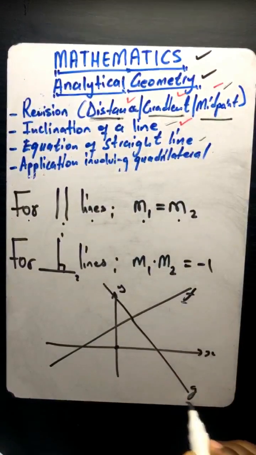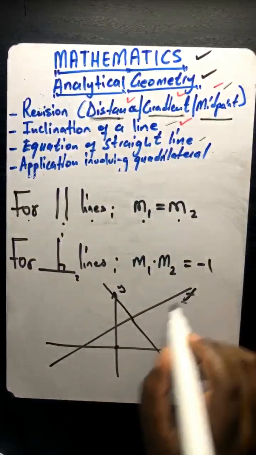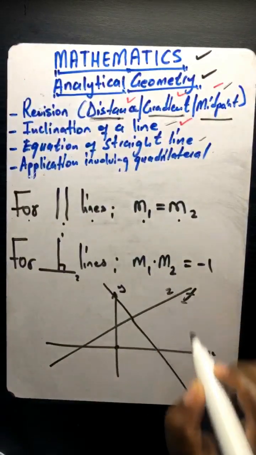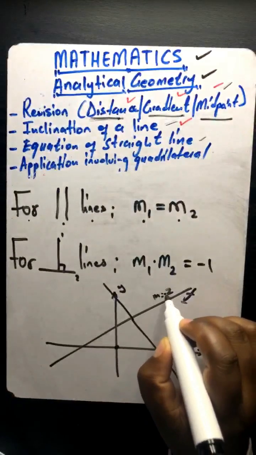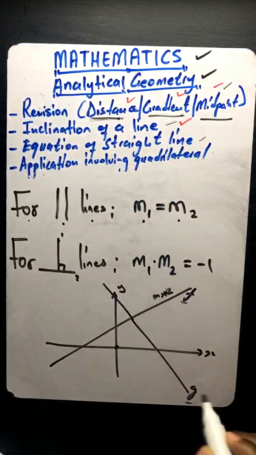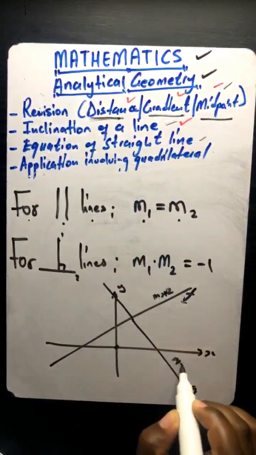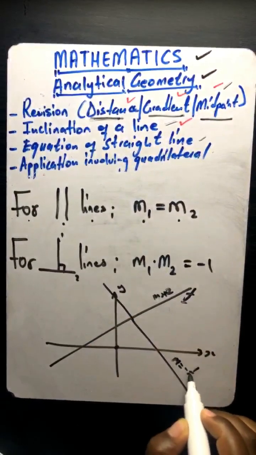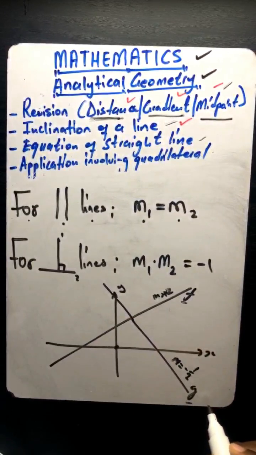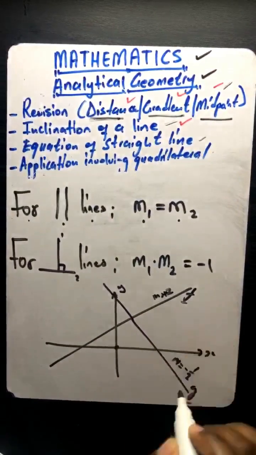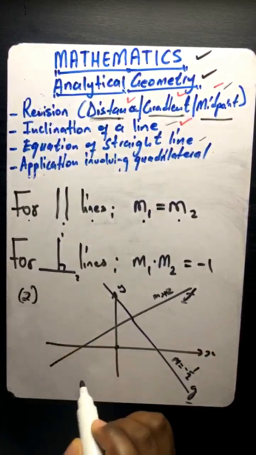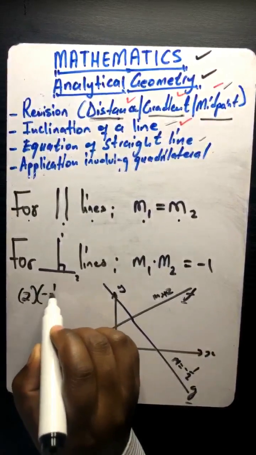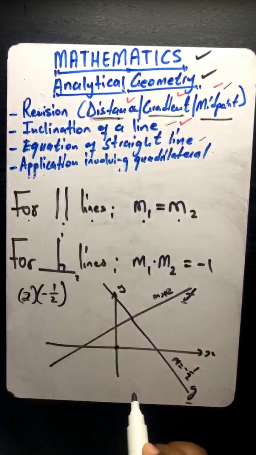That means you need to determine the gradient of that. Maybe you might find it to be 2. Obviously, it's going to be a positive gradient, which is going to be +2. For this one, you might find it to be, let's say, -1/2. So for you to prove whether this and that are perpendicular, you will need to say the gradient of line 1 being 2, you multiply it with the gradient of line 2 being -1/2.